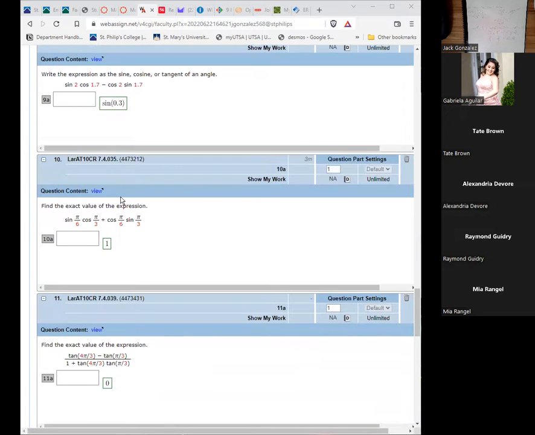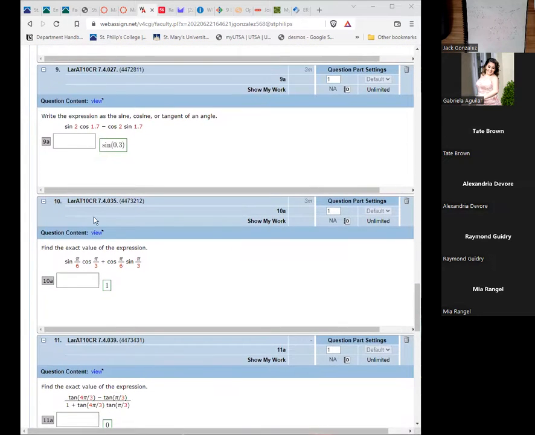So we're going to skip number 9 and 10. Okay. So this is basically alpha beta. So turn it into sine of alpha minus beta. That's how they get this.